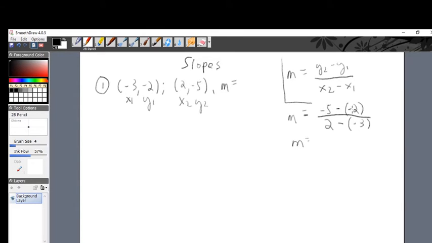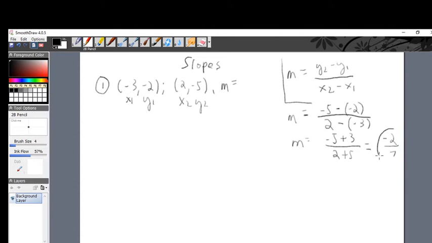-5 minus -2 is -5 plus 2, right? Let's not skip any steps, just so you can follow this. -5 plus 2. And then beneath that is 2 minus -3. Whenever there's two negatives, it's a plus. So 2 plus 3. -5 plus 2 is -3, wait, the numerator is -3, and the denominator 2 plus 3 is 5.